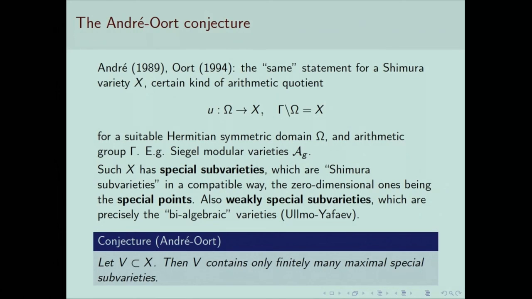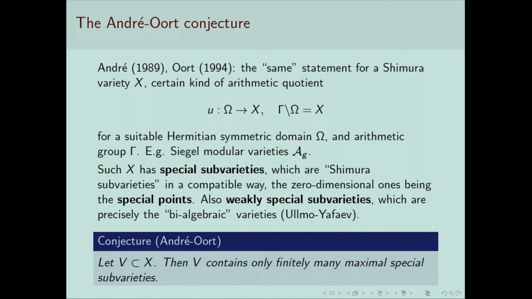You have some Hermitian symmetric domain Omega, and you have its quotient by a suitable arithmetic group. The paradigm examples are the Siegel modular varieties, and these have a collection of special subvarieties, the Shimura subvarieties, in a compatible way. And then you have the same conjecture.